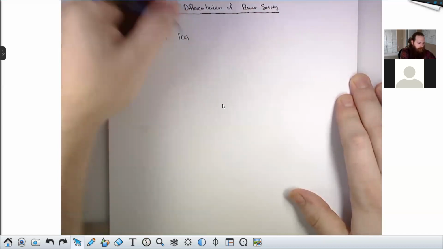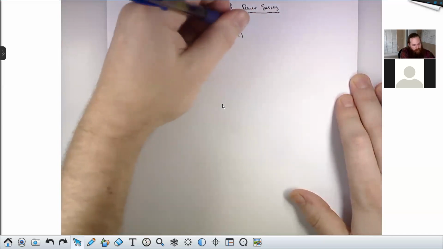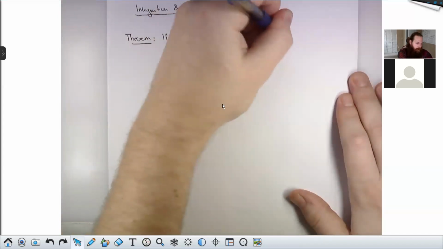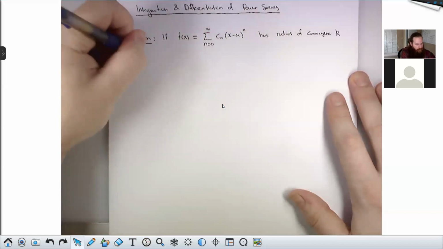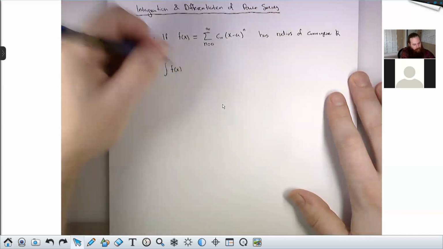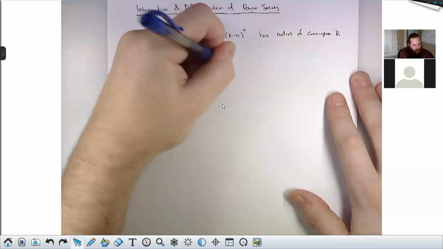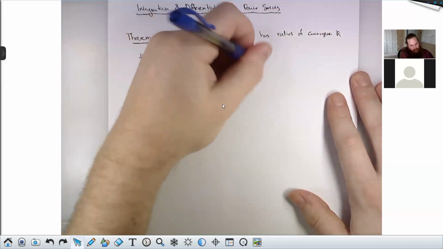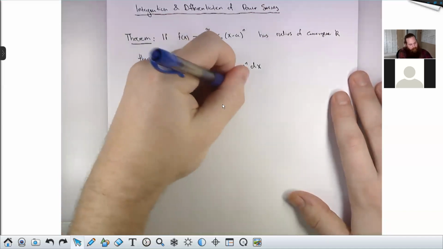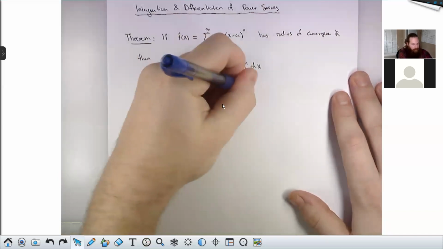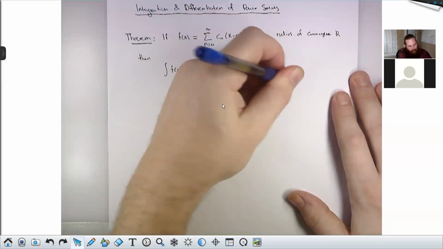If f of x is the sum from n equals 0 to infinity of Cn times (x minus a) to the n, and it has radius of convergence R, then the integral of f of x, which is the integral of this series, is equal to an additive constant plus the sum from 0 to infinity of Cn times 1 over (n plus 1) times (x minus a) to the n plus 1.